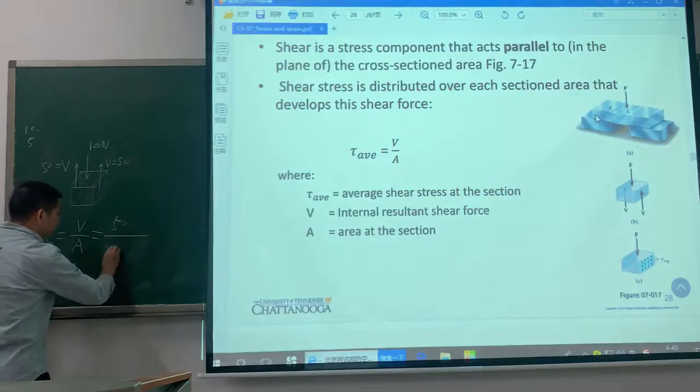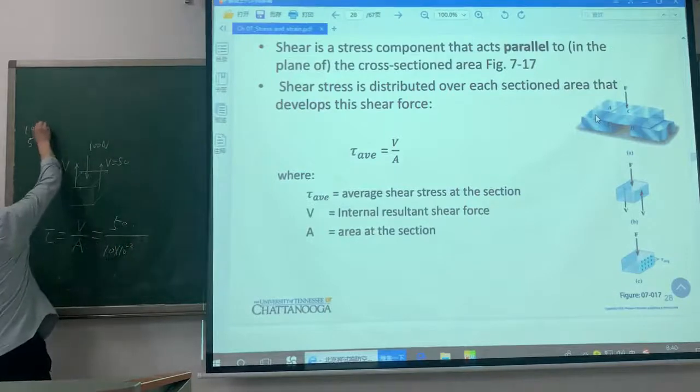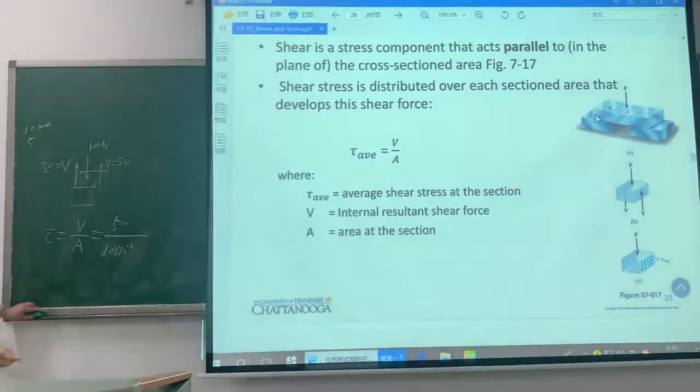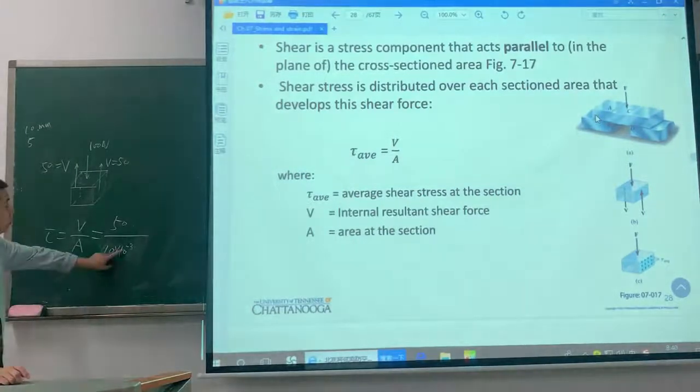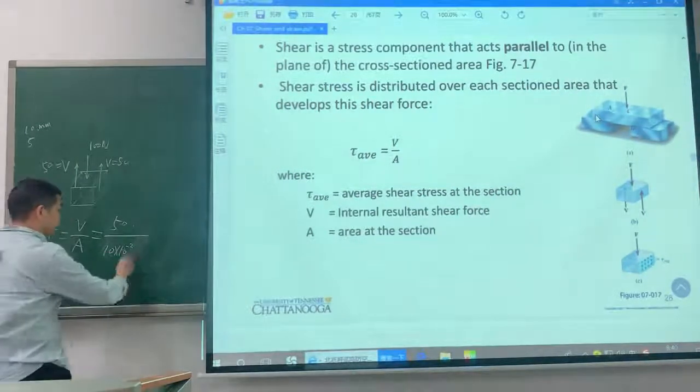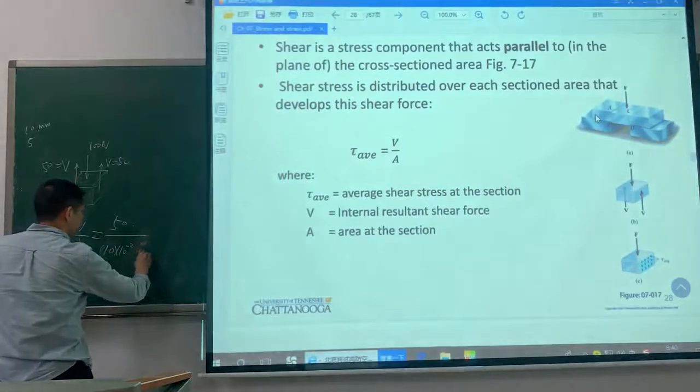Explain it in meters, because it's in millimeters. We change it to meters times 12.